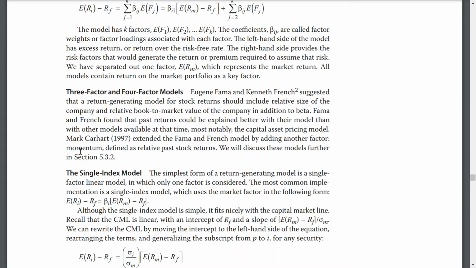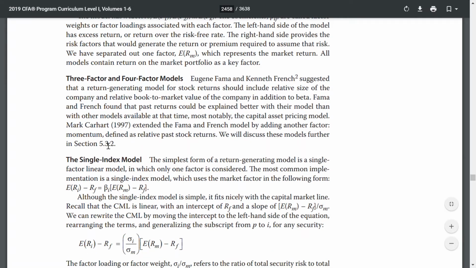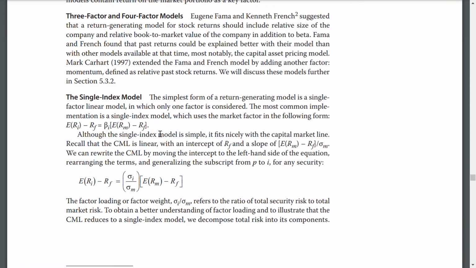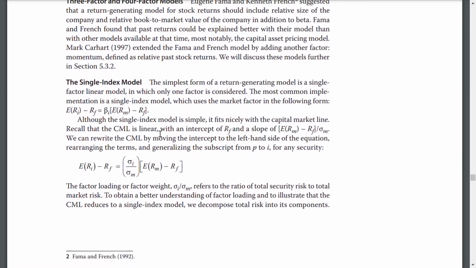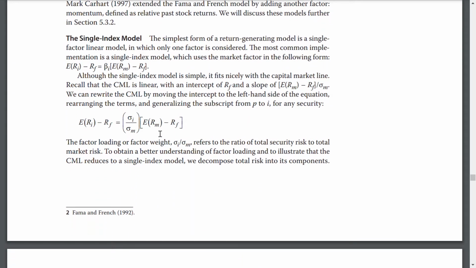Fama and French found that past returns could be explained better with their model than with other models available at the time, most notably the capital asset pricing model. Mark Carhart extended the Fama and French model by adding another factor, momentum, defined as the relative past stock returns. We'll discuss the model further in 5.3.2.